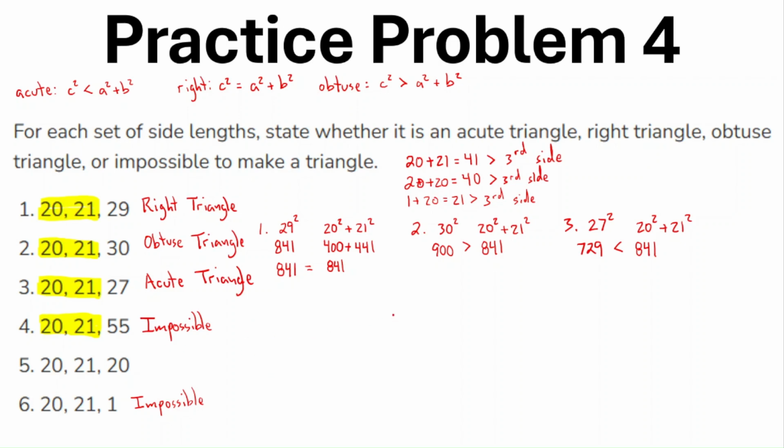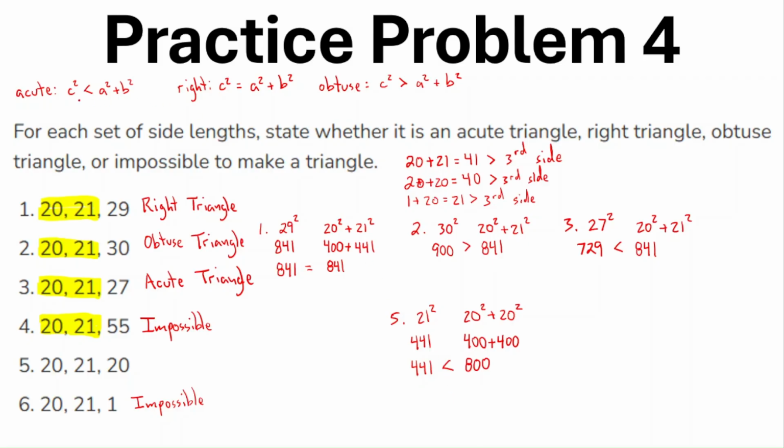And then number 5, my long side is 21. My short sides are 20 and 20. 21 squared is 441. 20 squared is 400. 400 plus 400 is 800. 441 is clearly less than 800.